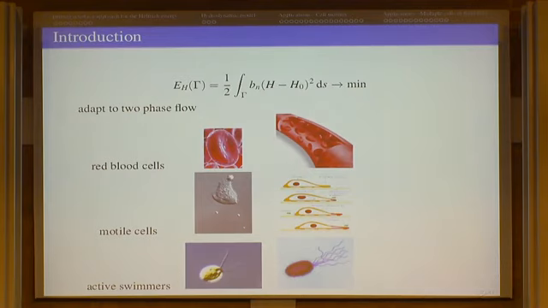And another application could, for example, be the description of motile cells, which you can see here as a crawling cell, and you can also regard them as a two-phase flow. And finally, are there any chances to describe active swimmers, particles which are actively driven by some arms like this?